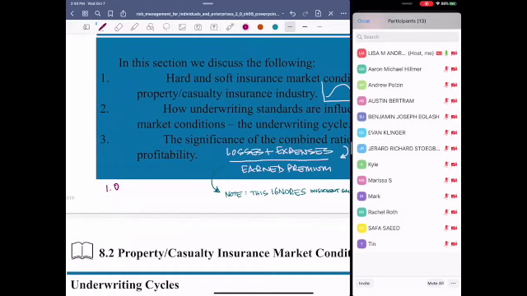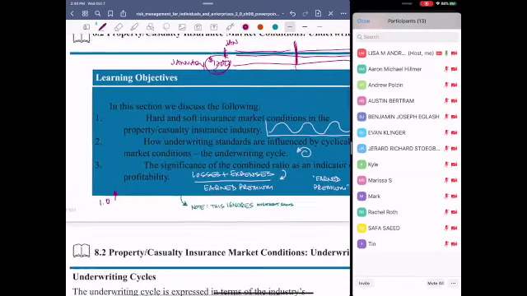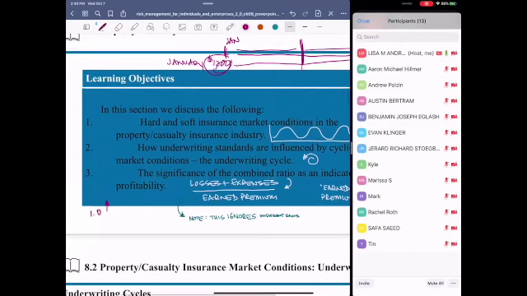Just because your combined ratio is higher than 1 doesn't mean you're unprofitable, because the combined ratio does not cover investment earnings. Your investment earnings are not reflected in the combined ratio. So if it's a higher ratio than 1.0, it doesn't necessarily mean that you've lost money that year.